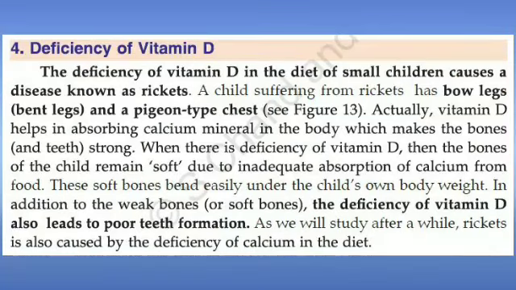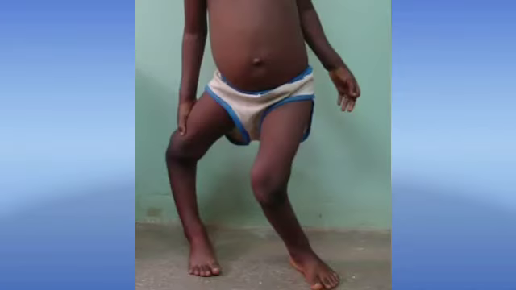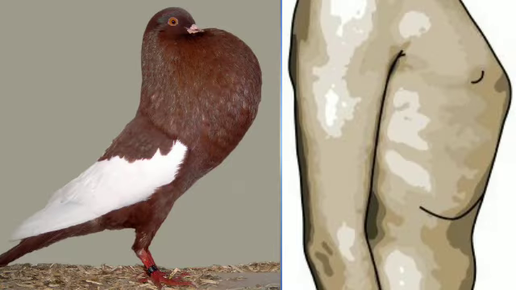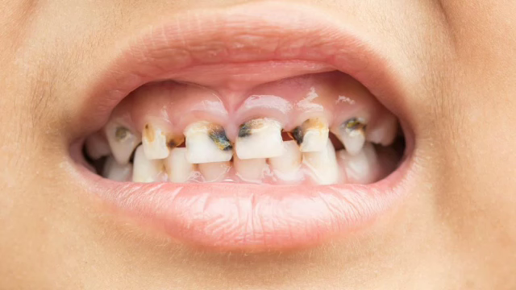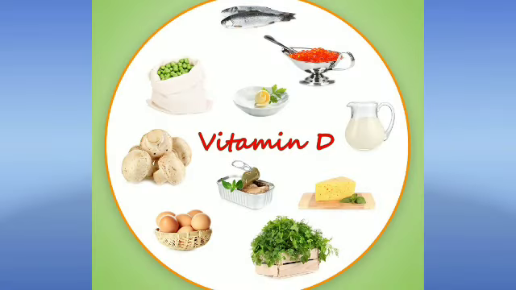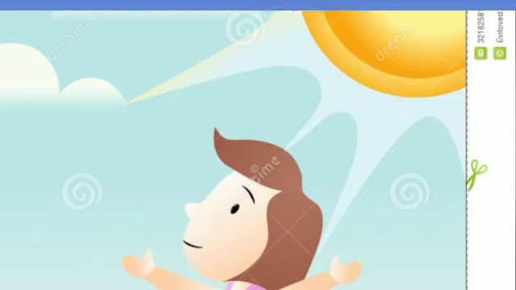Next, come to deficiency of vitamin D. The deficiency of vitamin D in the diet of small children causes a disease known as rickets. A child suffering from rickets has bow legs, that is bent legs, and a pigeon type chest. The deficiency of vitamin D also leads to poor teeth formation. Intake of food like milk, fish, egg, butter and fish liver oil may prevent the disease called rickets.